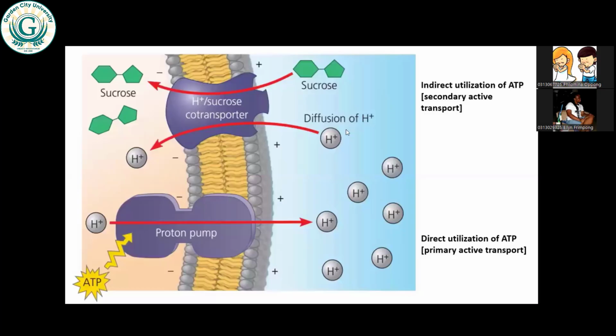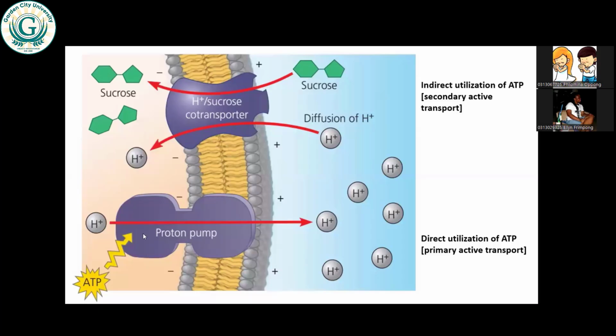So we have 7 outside and 2 inside, but we still want to move these hydrogen ions from their lower concentration here to the outside where there are many. That's why it's under active transport, and it's a primary active transport because it's directly using ATP.